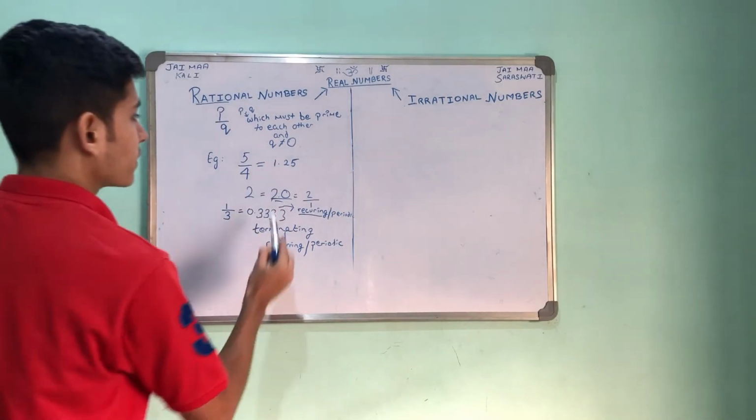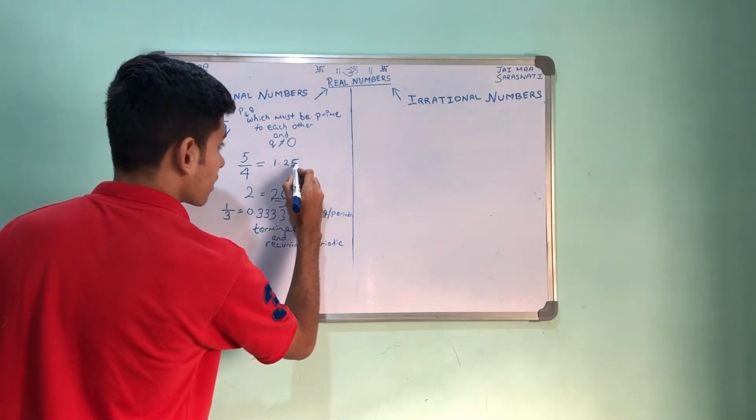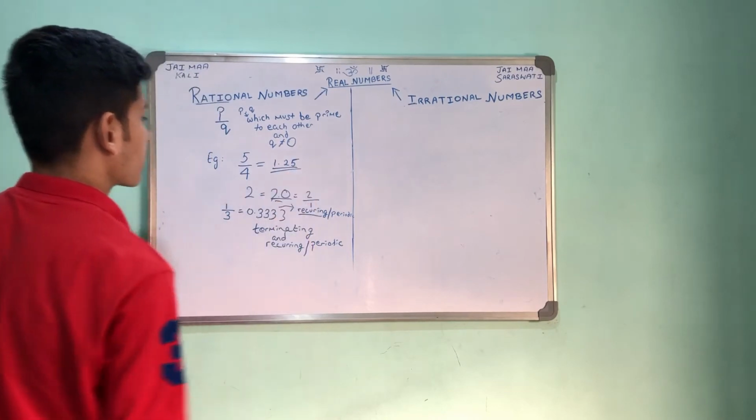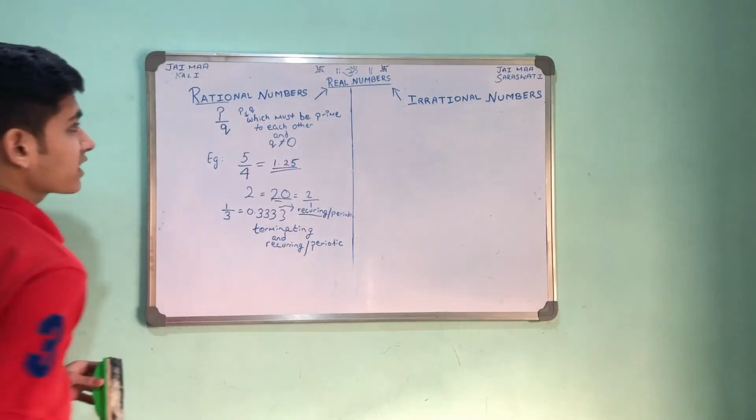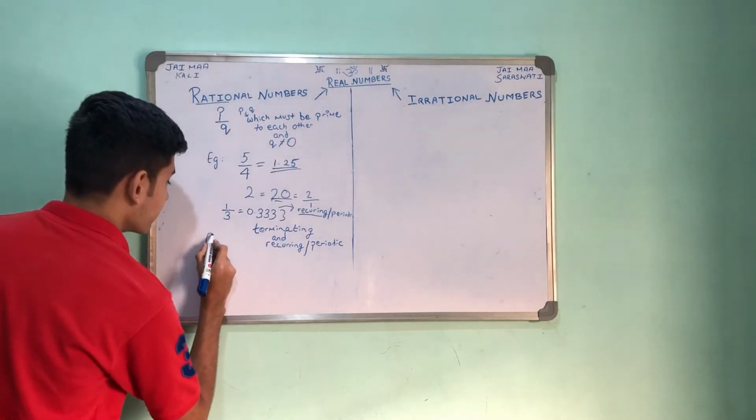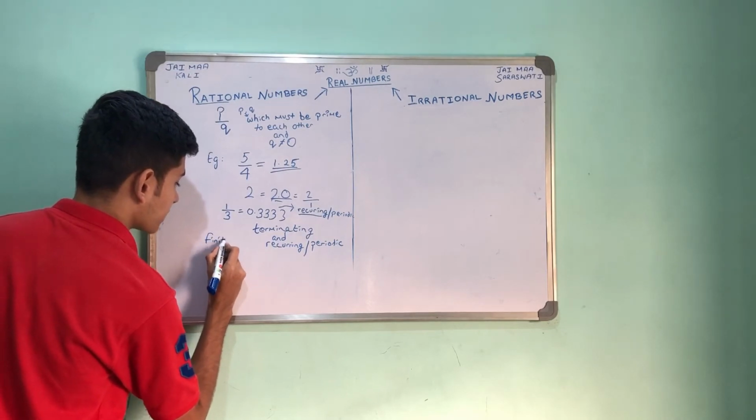Similarly 1.25, that's the end, nothing comes after the number 5. So we can say that rational numbers are finite after the decimal sign.